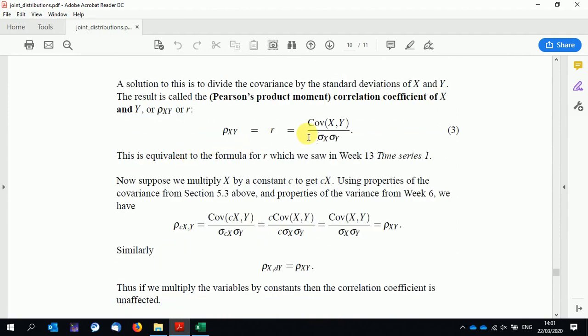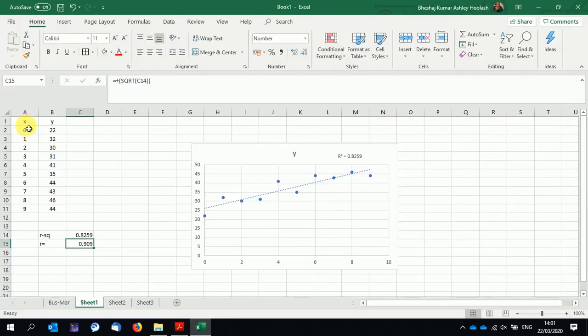Now another notation for the coefficient of correlation is rho xy, because we have two variables. What we used to know as r in year one is now denoted as rho, and x and y are the two variables. What it means here is I can do multiples of x. I can multiply this by 5, by 10, by 8.